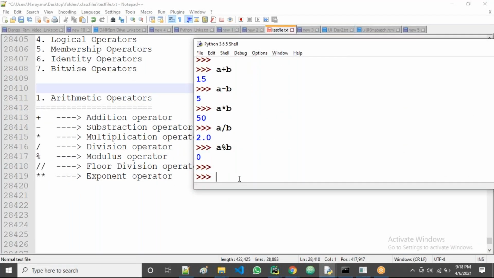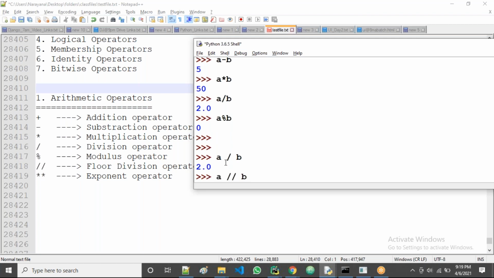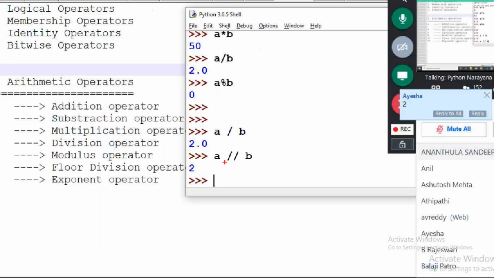Observe now. a division b gives 2.0. The same a floor division b gives 2 only. In case of floor division, it will not consider the decimal value.